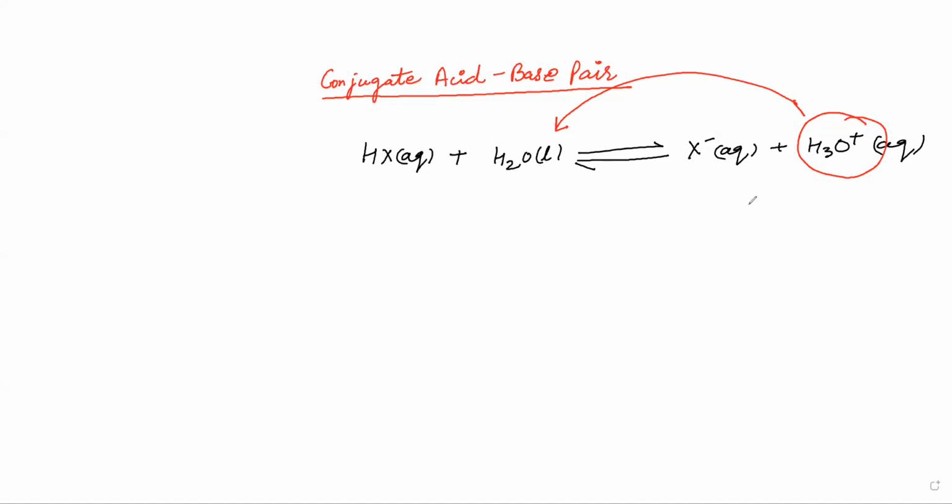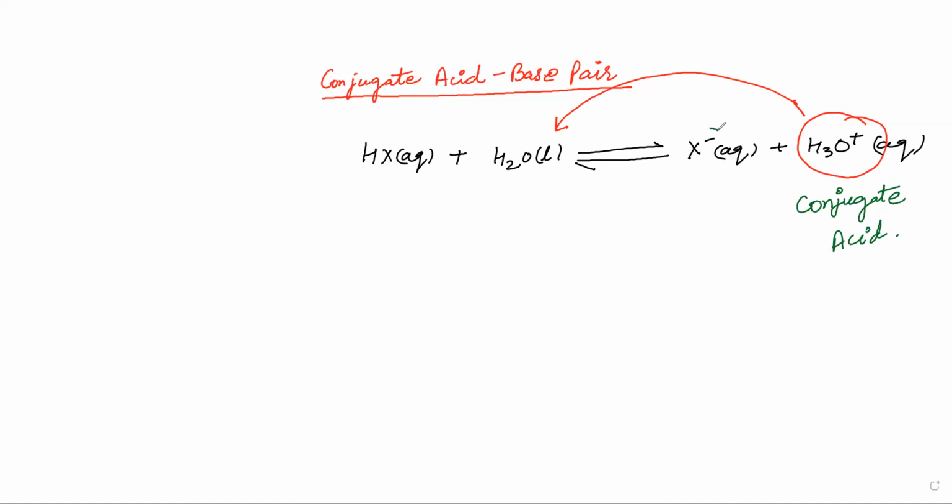And we know that if something donates a proton, it acts as an acid. But here we won't call it an acid, we will term it as conjugate acid. So here hydronium ion is acting as a conjugate acid.